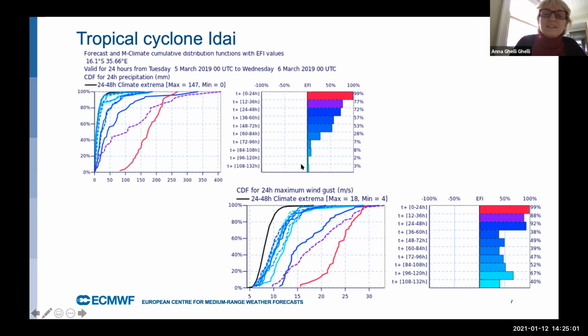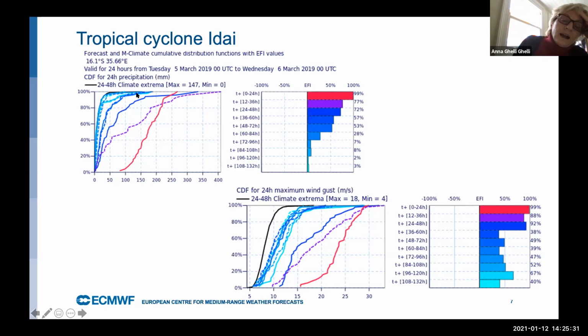And you can see reflected in these last few values that the EFI is very small. As you progress and get closer to the actual event, you see that these curves are moving further away from the climate. So the red curve, which is the latest forecast for this specific case, the EFI is 99. So the EFI is 1 basically.